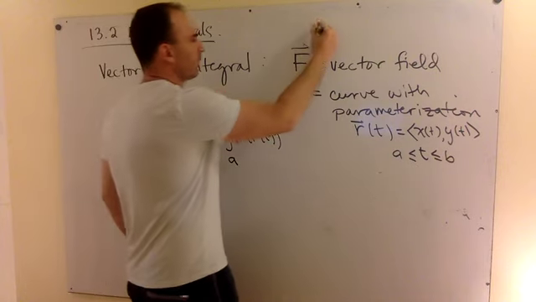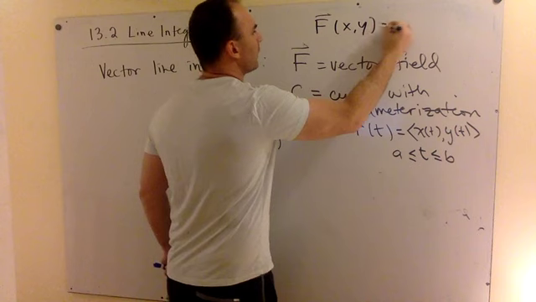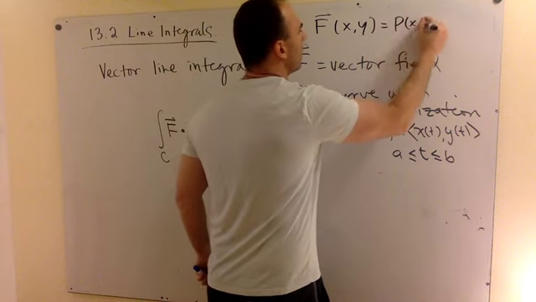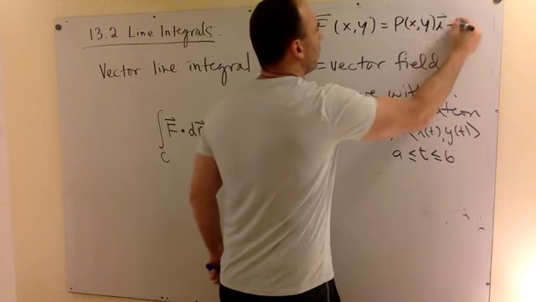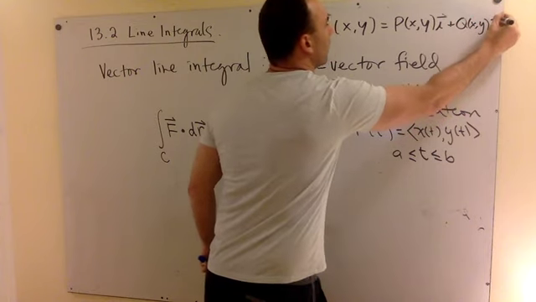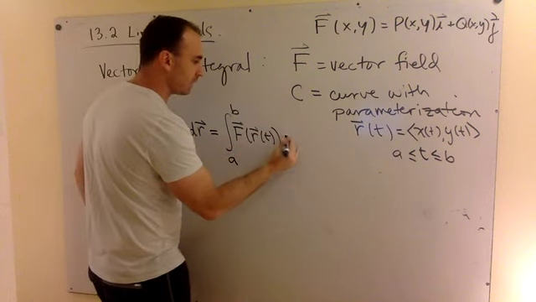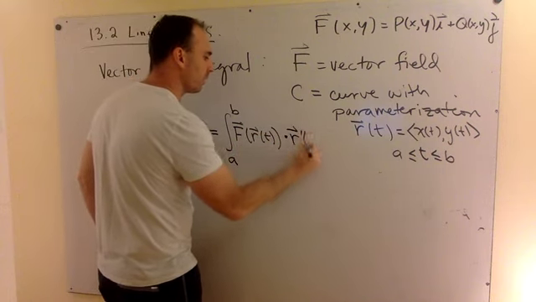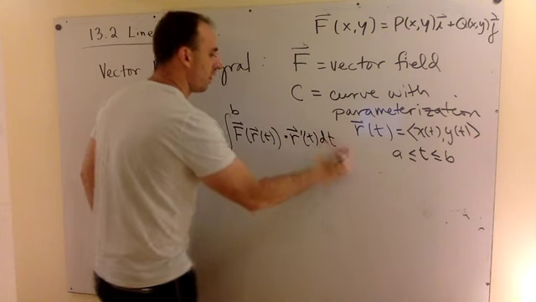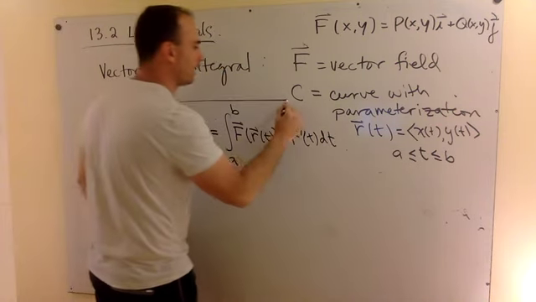The vector field is a function of two variables, and usually it's P and Q: two variables, two outputs. And then I dot it with the derivative of the parameterization. This is our vector line integral.